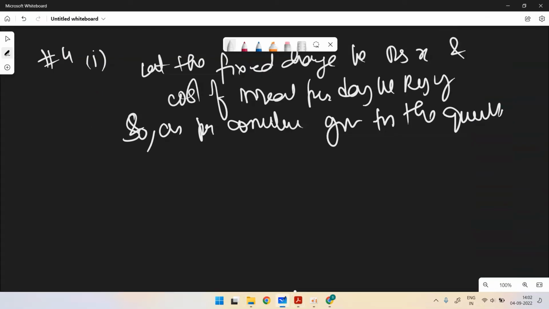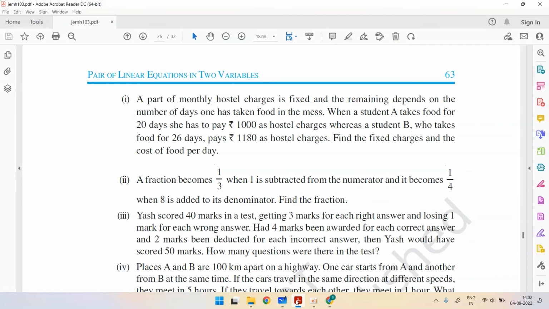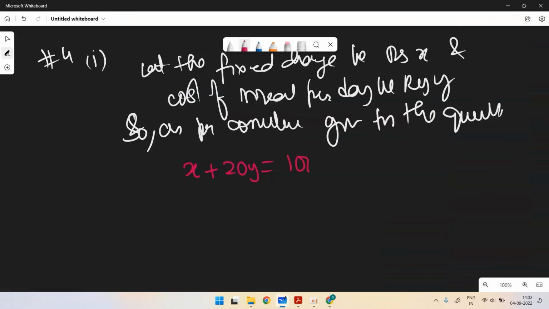So the fixed charge will be X plus 20 days of food, 20Y. She has to pay rupees 1000.